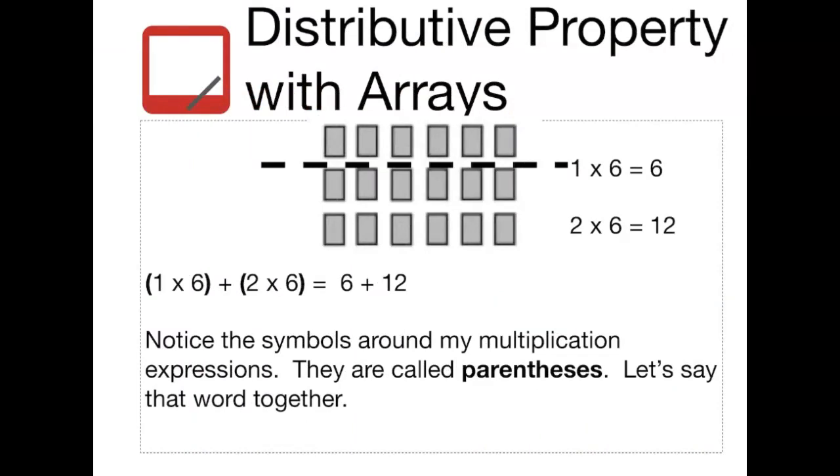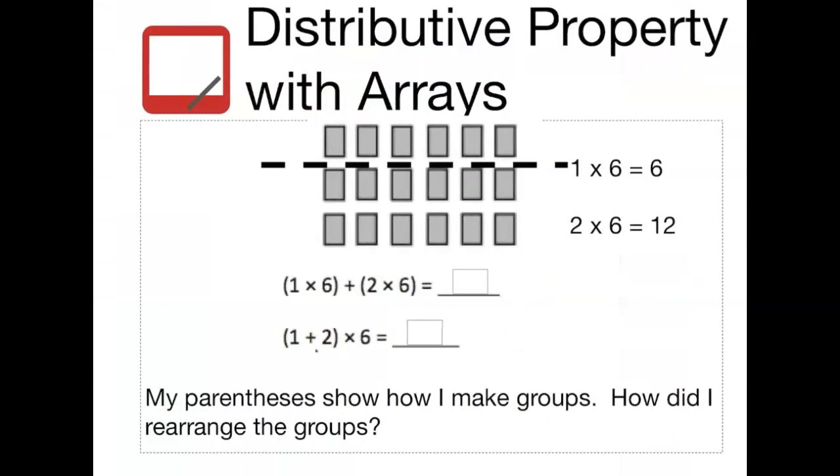So the symbols around the multiplication expressions are called parentheses. Everybody say parentheses. Big words for 3rd graders. Parentheses right here. And when we see those parentheses, we want to solve inside there first. So 1 times 6 plus 2 times 6 is equal to what?